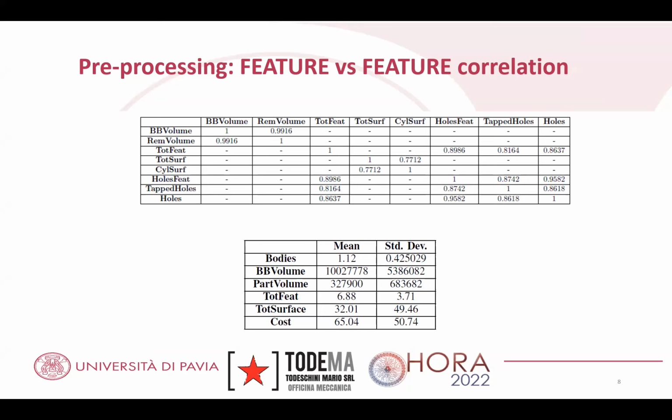The employment of two or more highly correlated features will provide redundant information to the network. The lower table summarizes the mean and the standard deviation for those features that we were considering trivial, and comparing them, we can better understand the complexity of the problem. You can see the standard deviation for some of them is high.